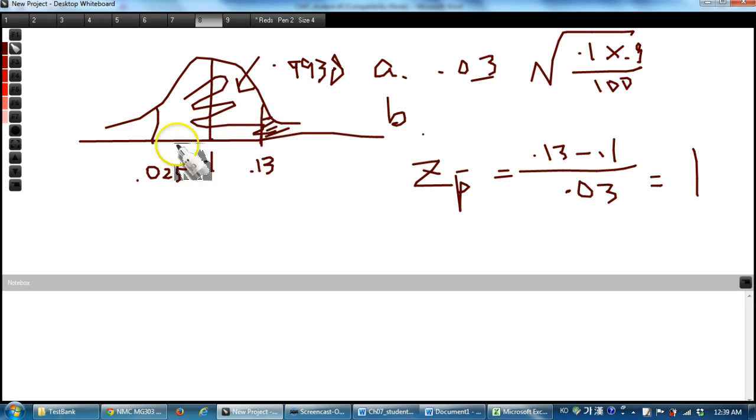We're talking about that area right there, and came up with 0.1587, according to the table value of the z over 13%.